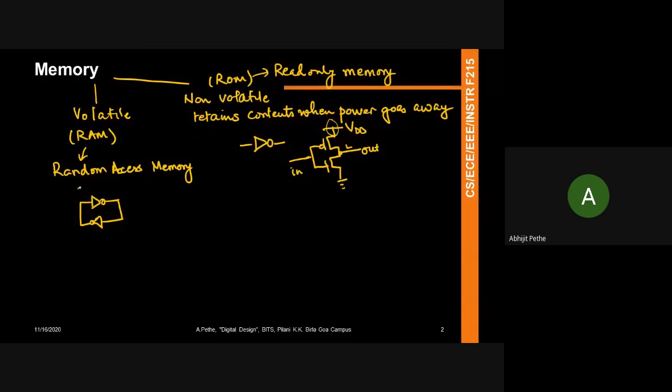So this is the basic bit cell of a RAM. Whereas a ROM is a non-volatile memory storing a particular value, and it stores it as a physical change in this device, a physical change that happens in the semiconductor device.